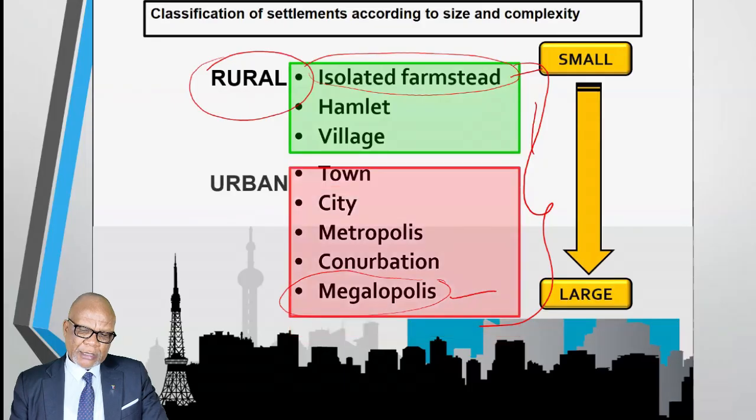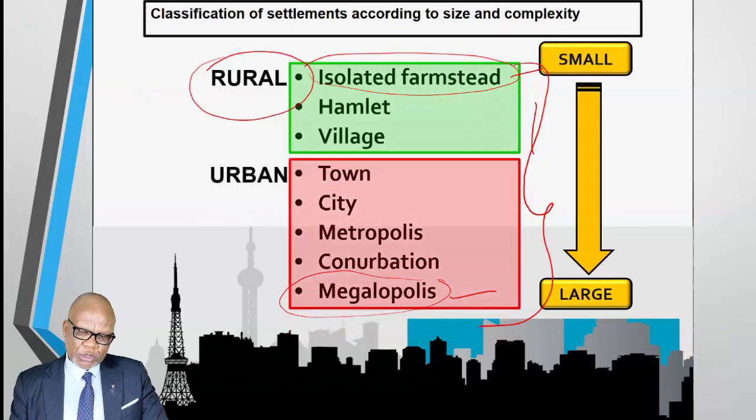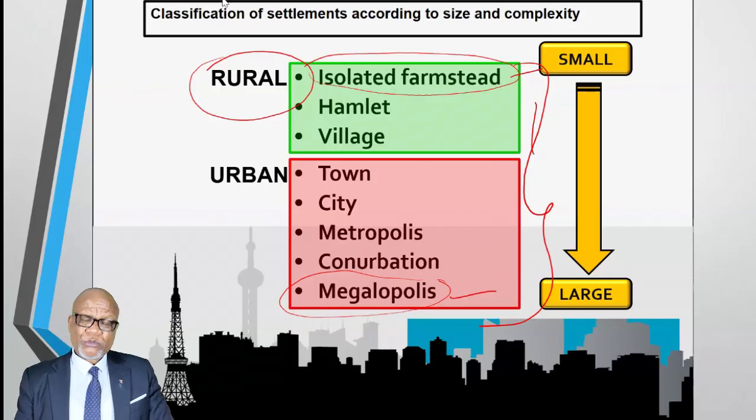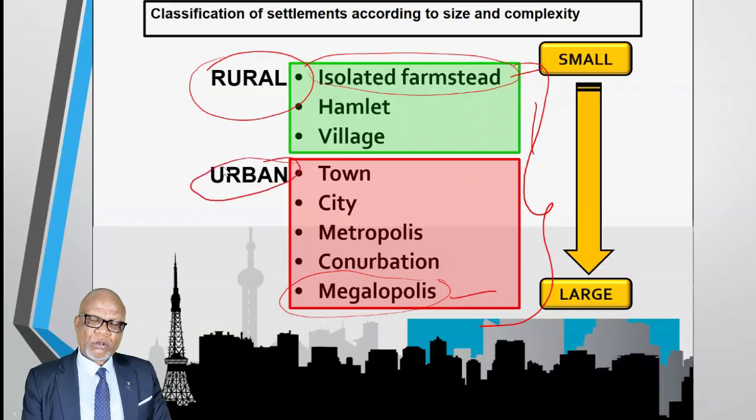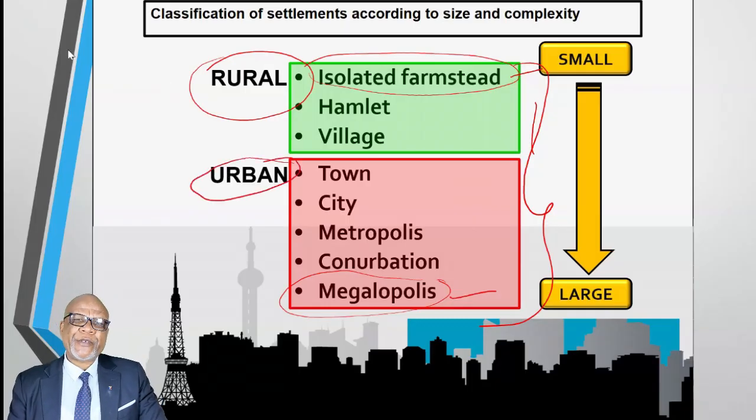And when you say from town to megalopolis, these are settlements which are considered to be urban. So you must know the difference between urban settlements and rural settlements.